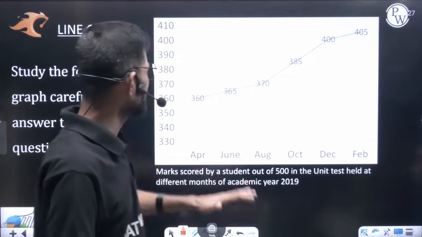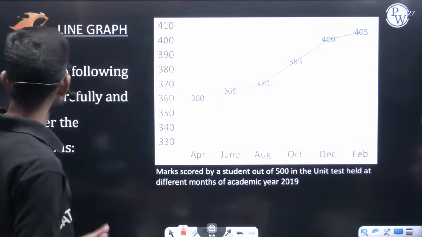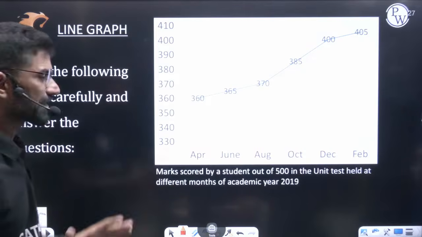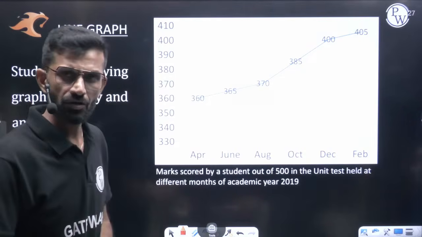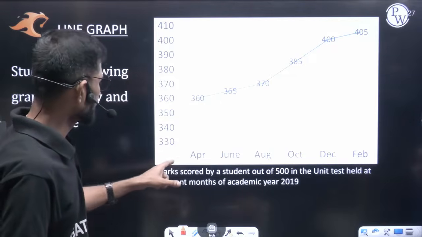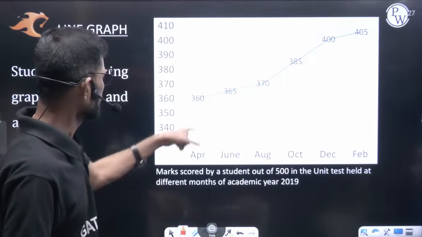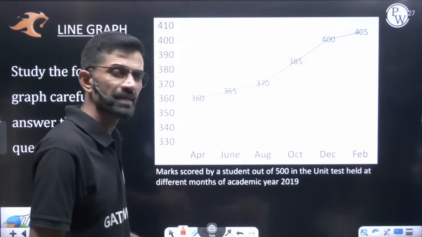So here you can see they have given a line graph now. Tabular done, pie chart done, line graph. Line graph, what they are saying: study the following graph carefully and then answer the questions. Okay, so graph they have given, you can see some values, numbers they have written, and here April, June, August, October, December, February, some months' names they have written. It is presented, some values for every month.